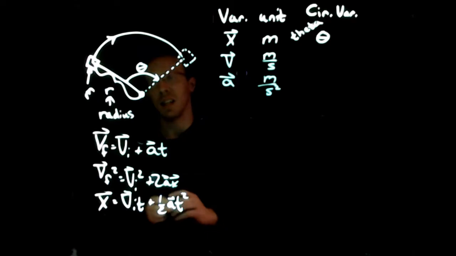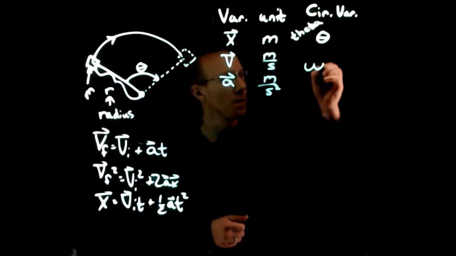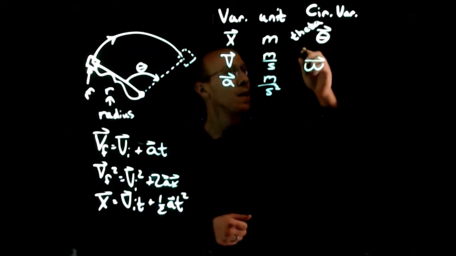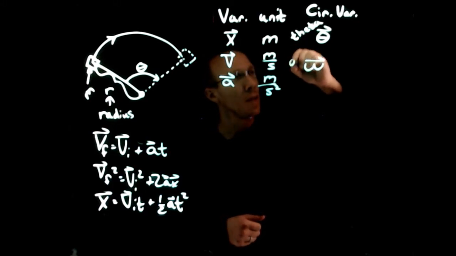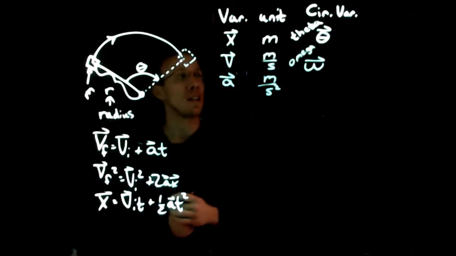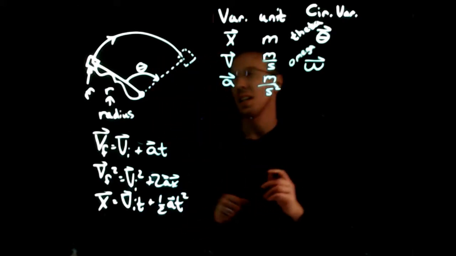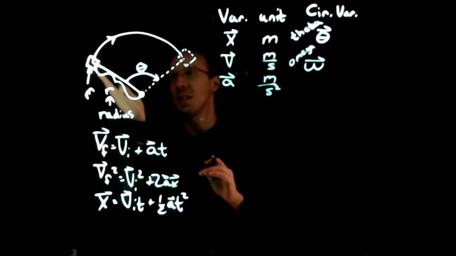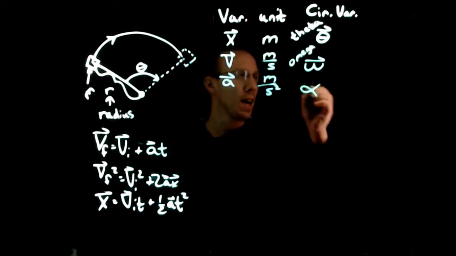For velocity, we're going to have an angular velocity, and that is omega. Hopefully you can read that. And then lastly, instead of just an acceleration linearly, we have an angular acceleration that we call alpha.